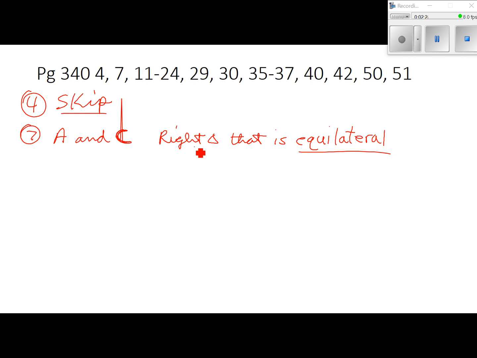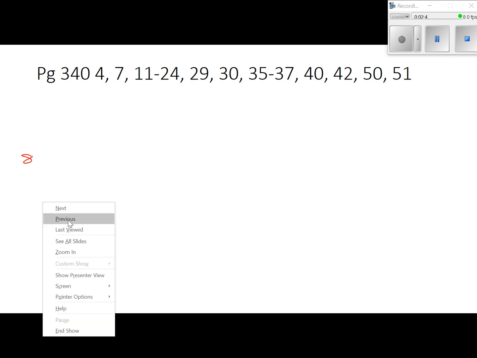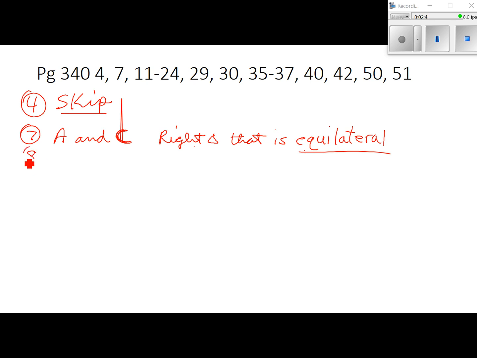If a right triangle was equilateral, it would also be equiangular, which means all the angles would have to be 90 degrees, and it's not possible for a triangle to have three angles that are 90 degrees. So that one's A and C.